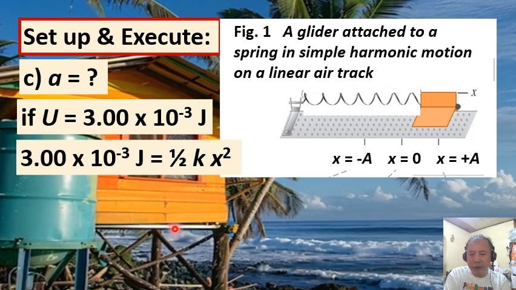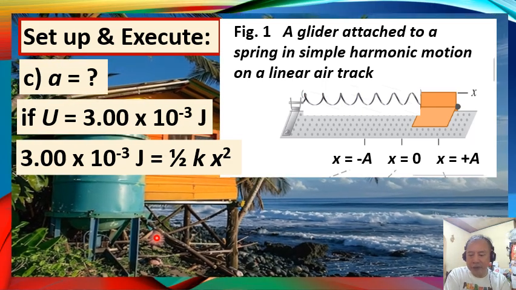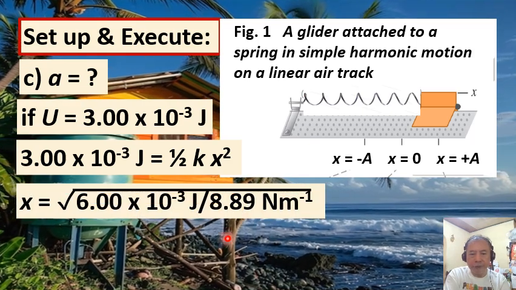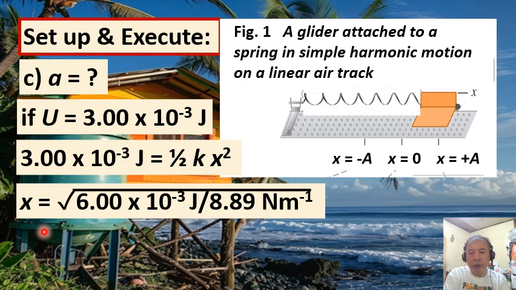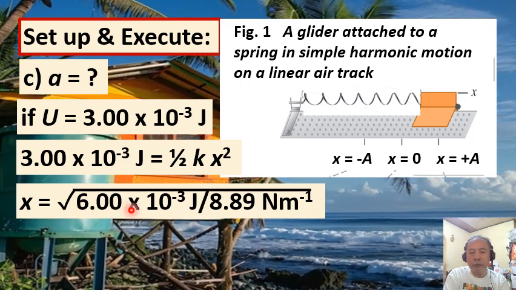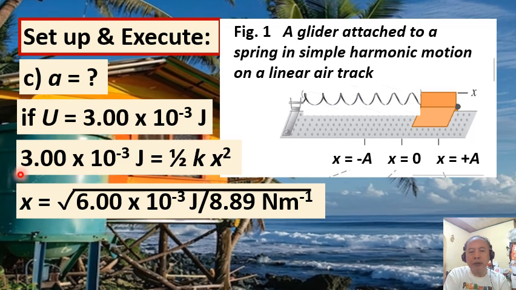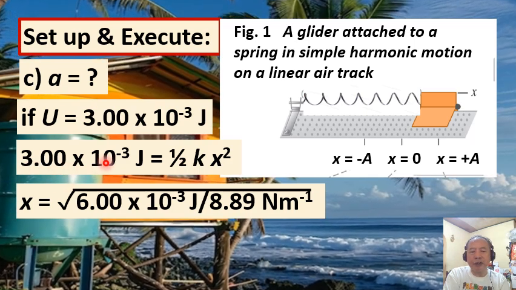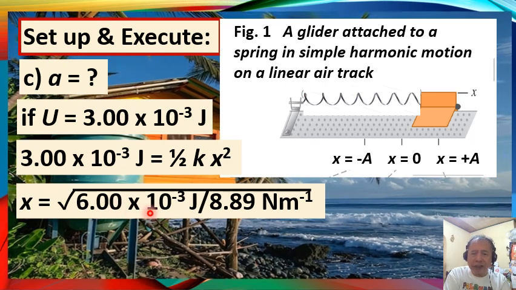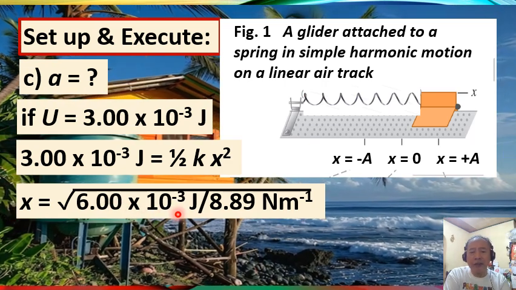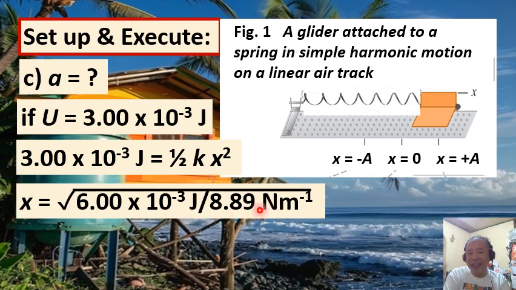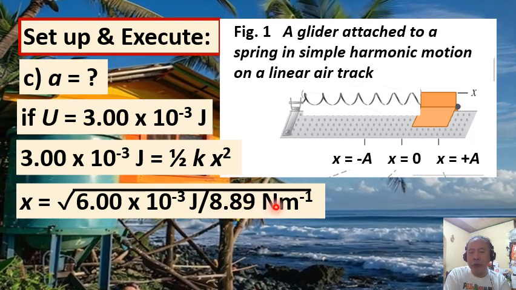So when we isolate x, we come up with this working formula. So the value of x is simply equal to the square root of 2 times 3.00 times 10 to the negative 3 joules, which gives us 6.00 times 10 to the negative 3 joules, and then divide it by the computed force constant K, 8.89 Newton per meter.